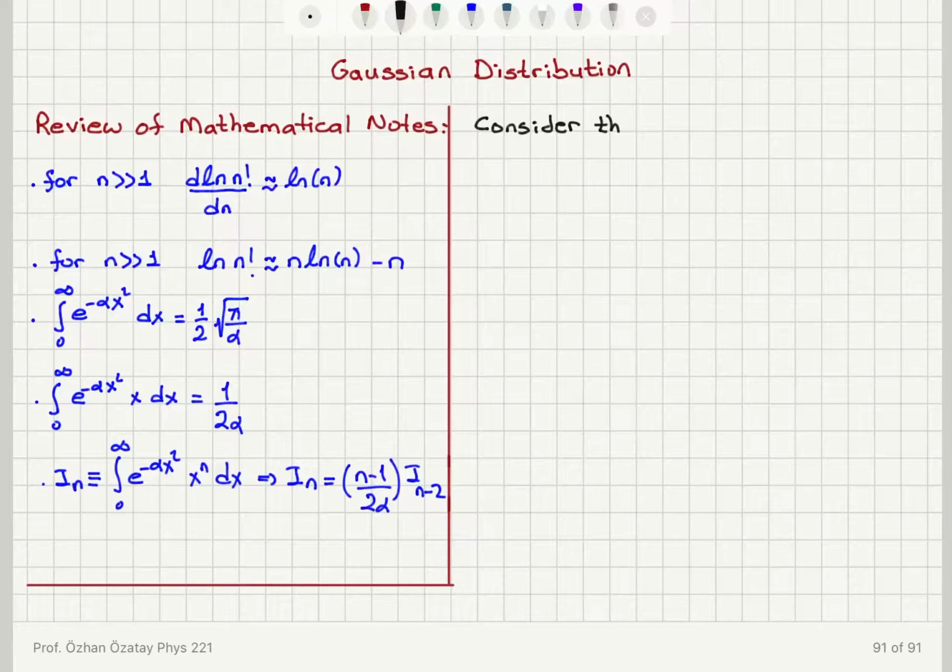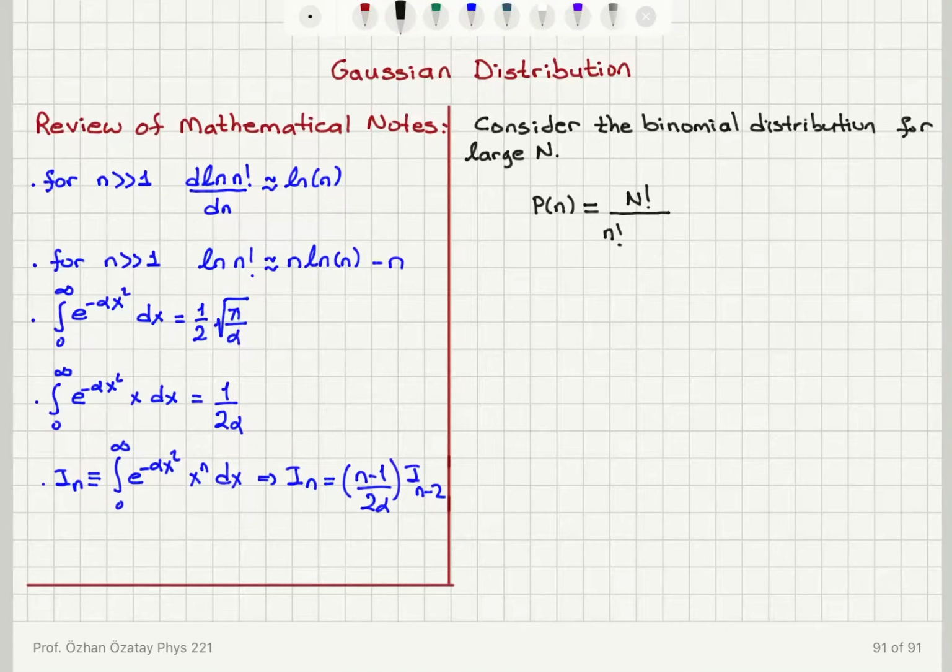So consider the binomial distribution for large capital N. And the binomial distribution, if you remember, is combinations of capital N objects taken n at a time multiplied by p to the n, q to the capital N minus n, where p represents the probability of one result, q represents the probability of the only other possible outcome of the experiments performed.